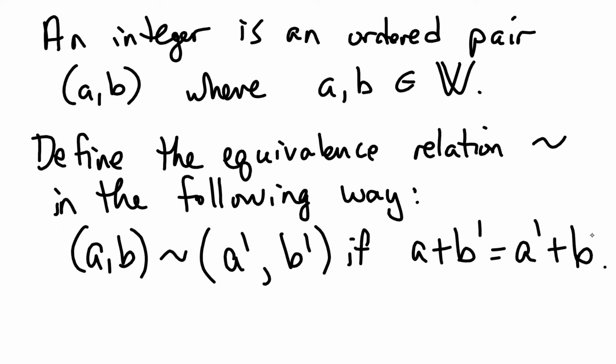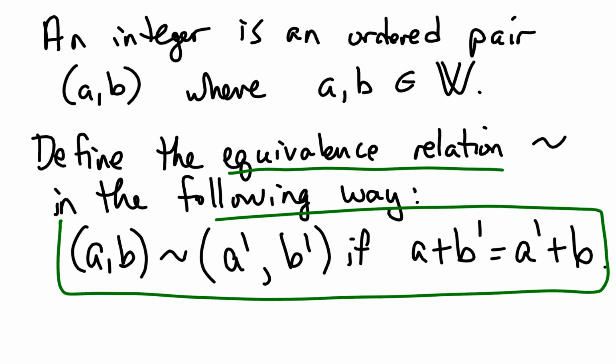Now, I've got to pause here and do a Math 239 thing. Equivalence relation means that we are reflexive, symmetric, and transitive. You should judge for yourself whether this relation is in fact reflexive, symmetric, transitive.